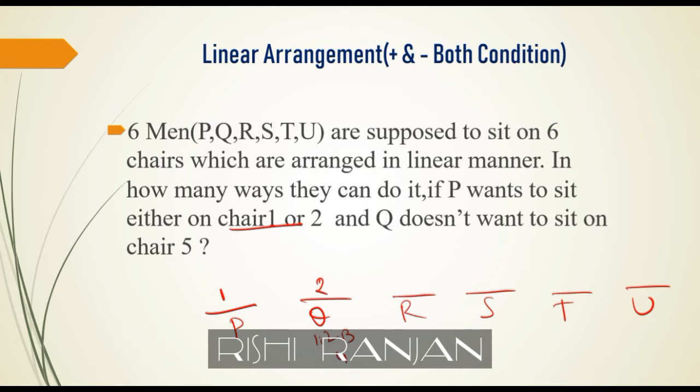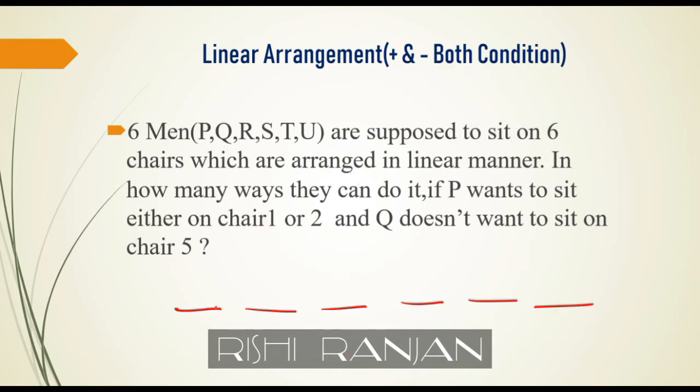So the rule you have to follow is: when both conditions are there, positive and negative, we always have to start with the positive condition first, then go to the negative condition. Let me try it one more time. 1, 2, 3, 4, 5, 6.